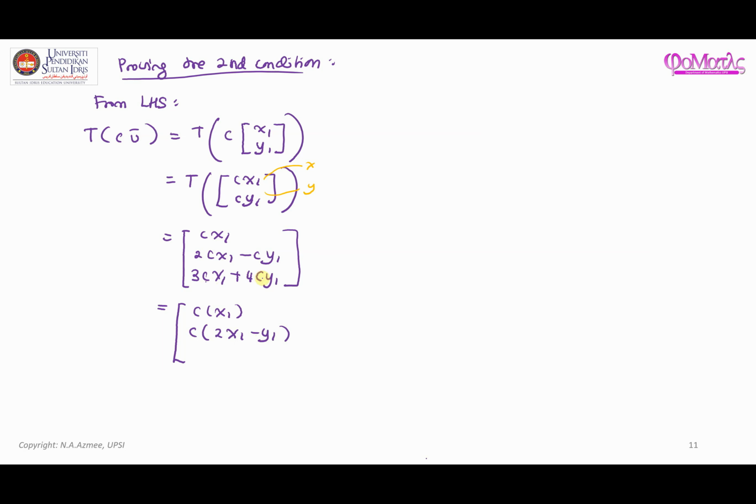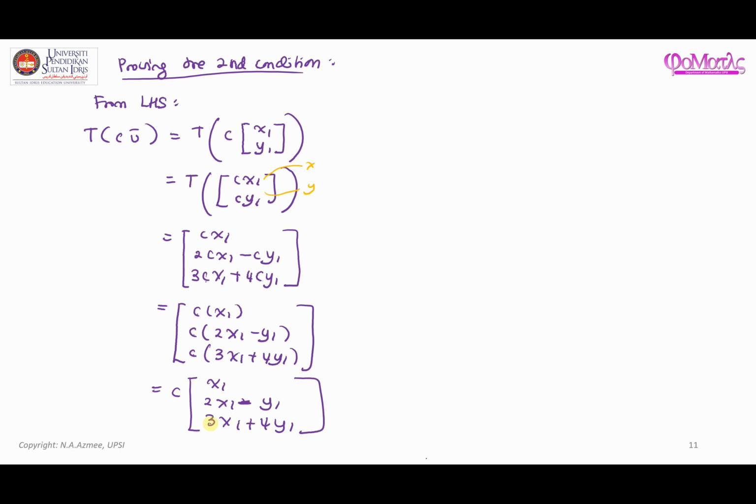Similarly here we have c and c, so factor that out: 3x1 plus 4y1. And this is a matrix with c, c, c, so we can just take c out of this matrix. So we have c times x1, 2x1 minus y1, 3x1 plus 4y1.